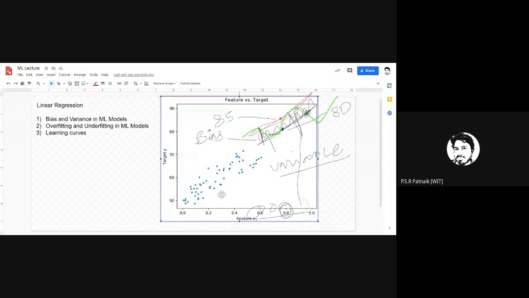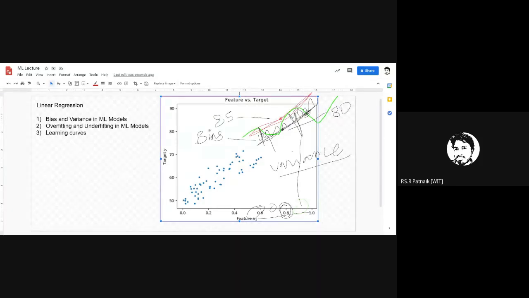What is a perfect ML model? Will it have high bias and variance, or will it have low variance and low bias? Yeah, as Lalit has said, a perfect ML model needs to have low bias and low variance.